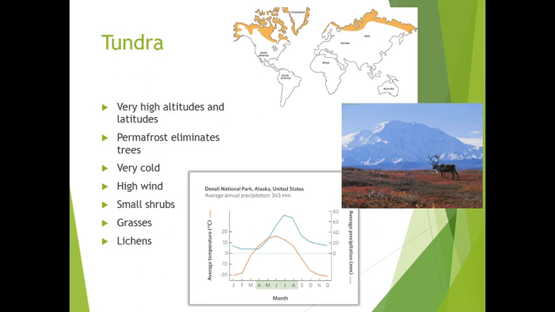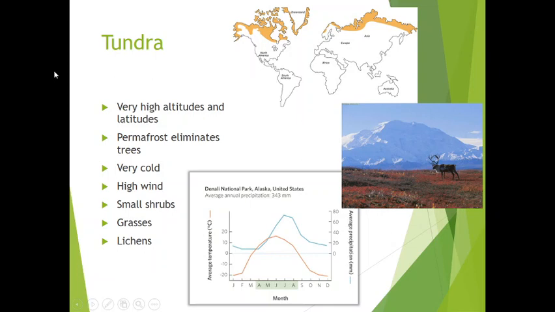So if you look at just what we talked about, taiga would be down here at Lake Superior and up north and all of this area up here. But tundra then can be at extremely high altitudes, on the very tippy top of mountains, and the extremely high latitudes, very far up north.